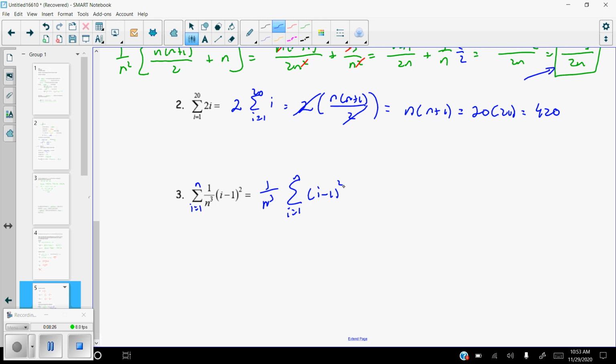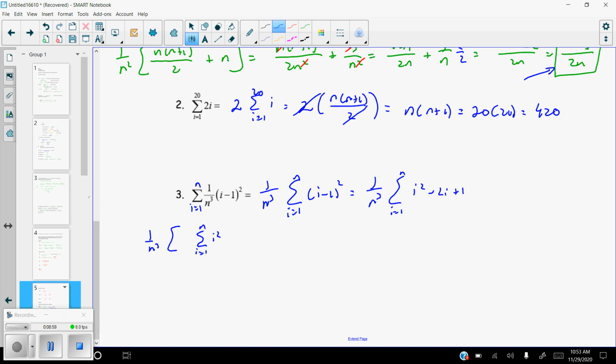Okay, so what we're going to need to do is FOIL out the (i minus 1) squared. So we're going to get i squared minus 2i plus 1. That's what we're taking the sum of. So now we can split all those pieces up. So we'll get 1 over n cubed times, splitting all those up, the sum of i squared, i equals 1 to n.